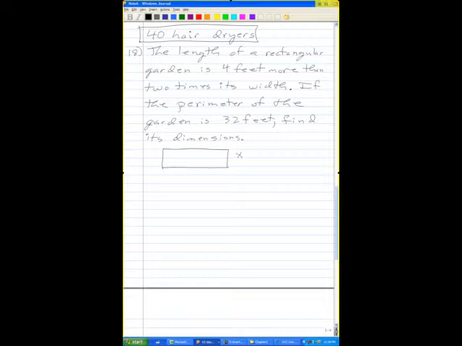So let its width be x feet. The length is 4 more feet than 2 times its width. And that's its number of feet. The perimeter is 32 feet.